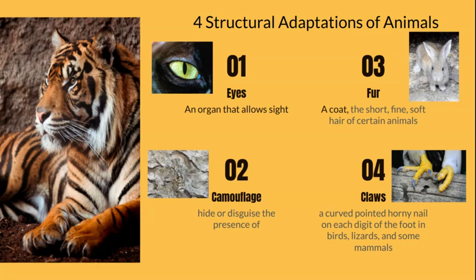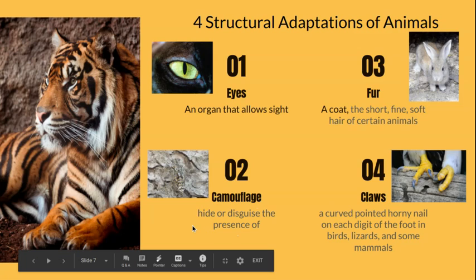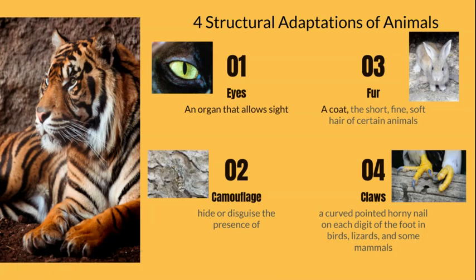Camouflage is when the color of someone's skin or the structure of it hides or gives them like a disguise. So an example of camouflage would be like a frog in a rainforest, like I said yesterday. Frogs are usually green and then they go and hide in like a field of leaves.